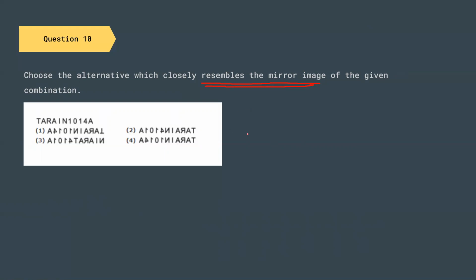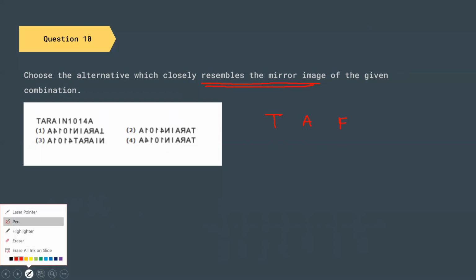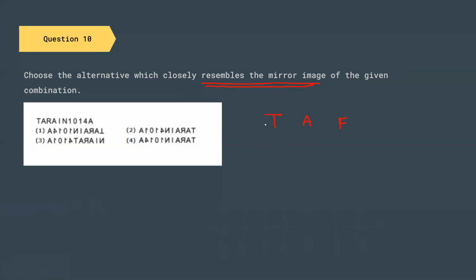Let us imagine that we have the same letters T, A, F, and we are looking at T, A, F on the mirror. This is our mirror surface.